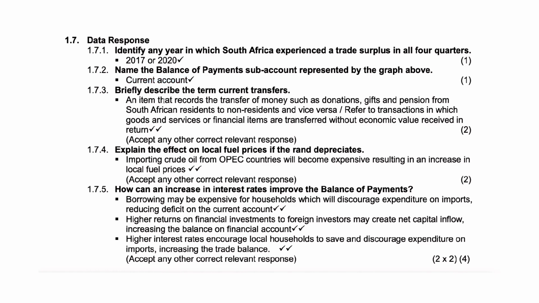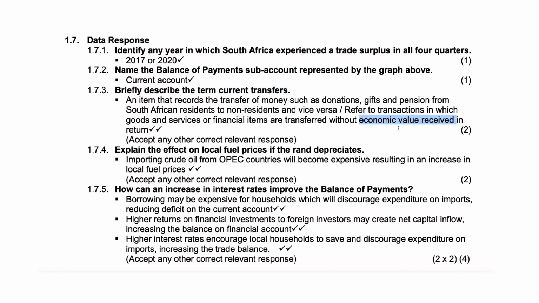Then briefly describe the term current transfers. Like I said, it is an item that records the transfer of money, such as donations, gifts, pensions from South African residents and vice versa, obviously. It refers to the transactions in which goods and services or financial items are transferred without economic value received.